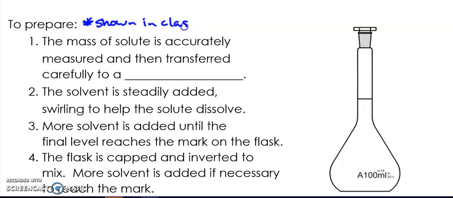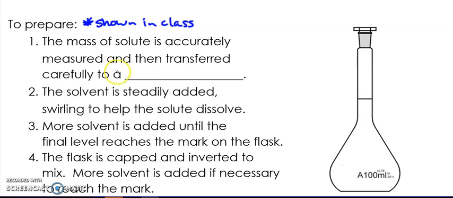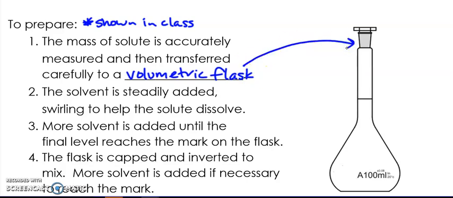So you'll see it up front, but let me explain. Number one, the first thing is the mass of solute is accurately measured and then transferred carefully to a volumetric flask. This is a volumetric flask.